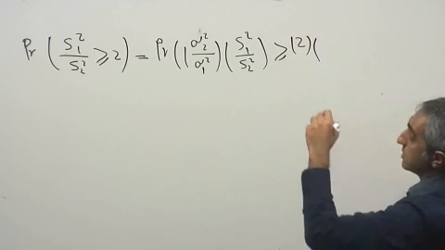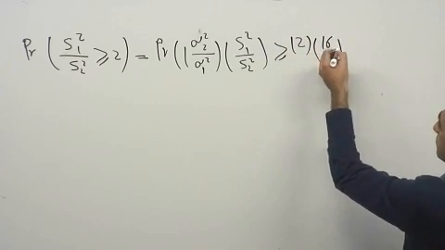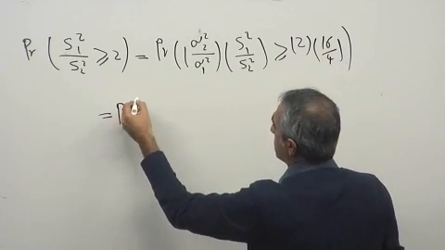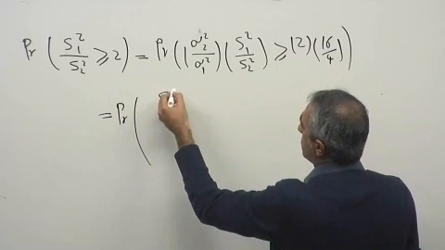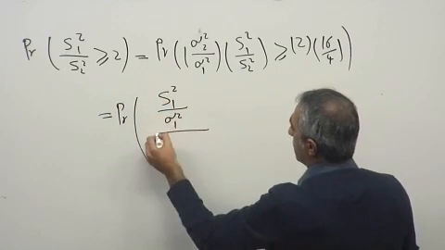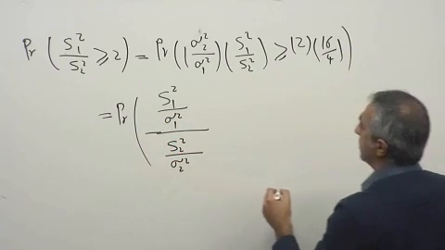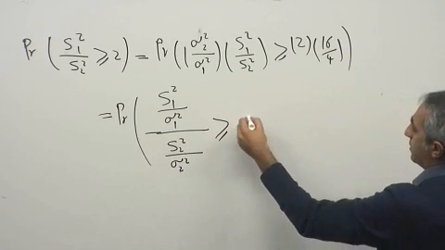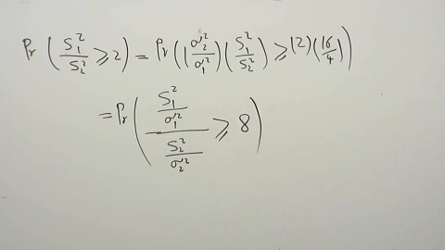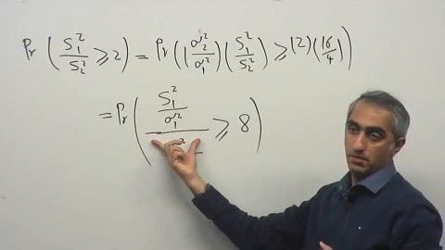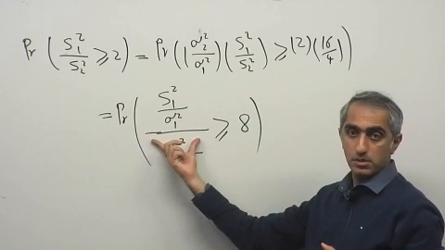Sigma 2 squared is 16, sigma 1 squared is 4. So this gives me S1 squared divided by sigma 1 squared over S2 squared divided by sigma 2 squared, and this would be 8. I'm trying to create this guy because I know this distribution. It is F. Okay? Is it clear?